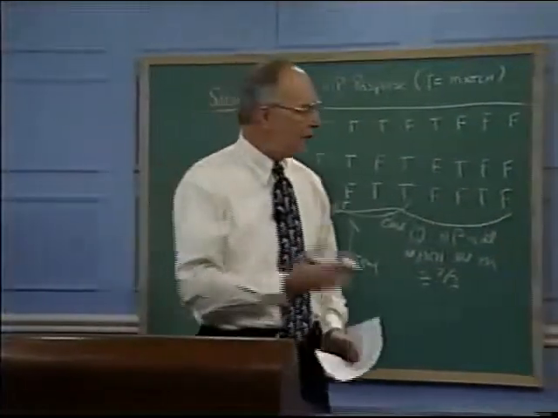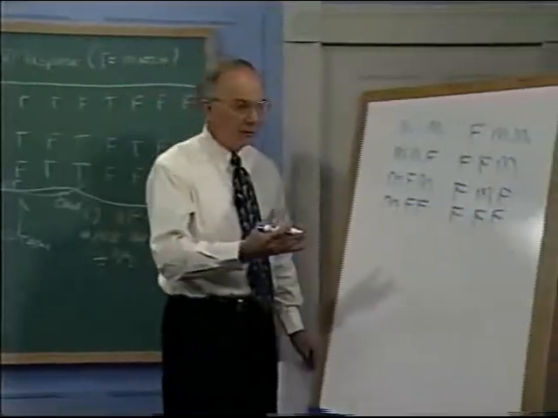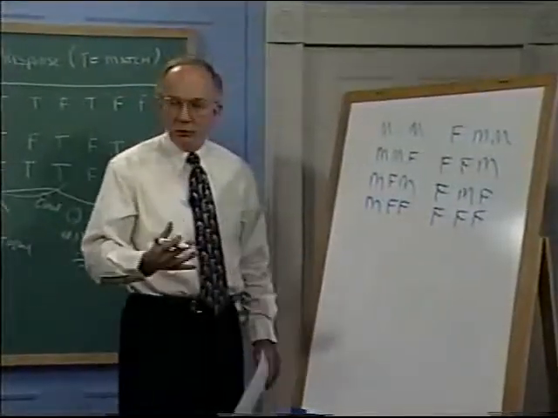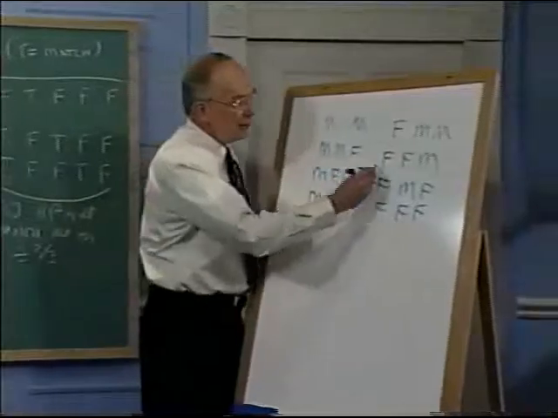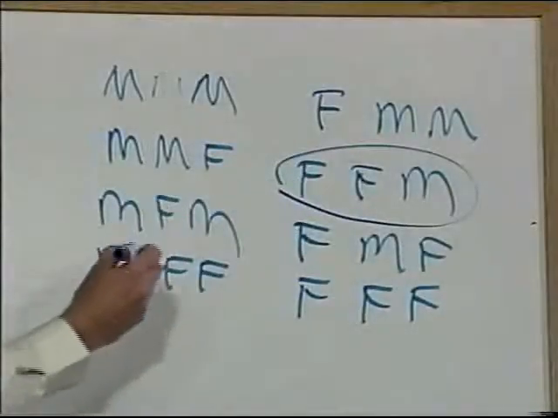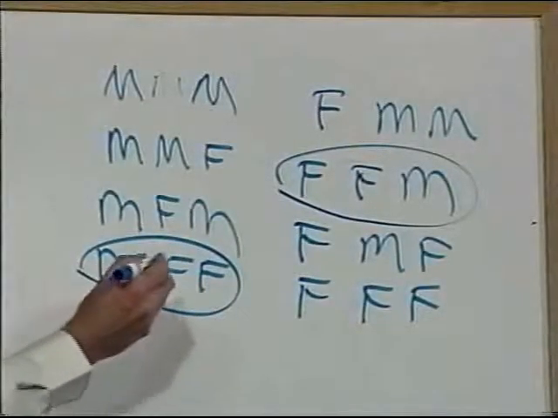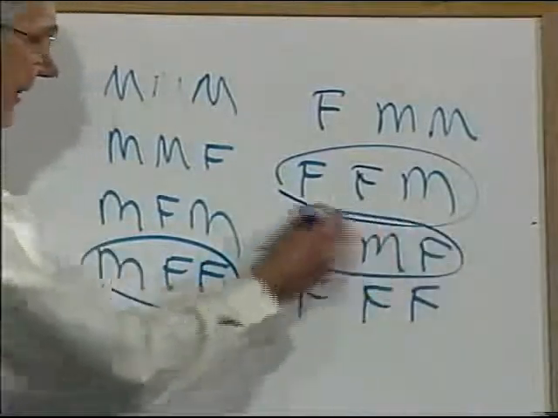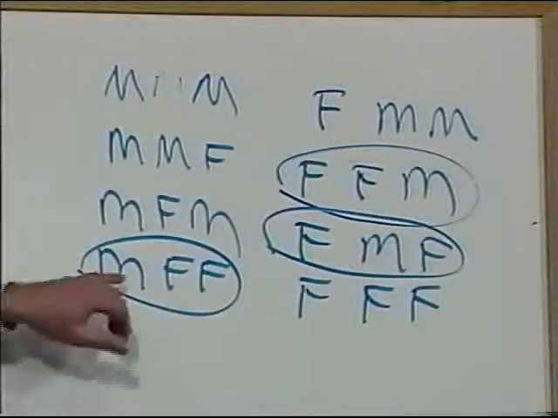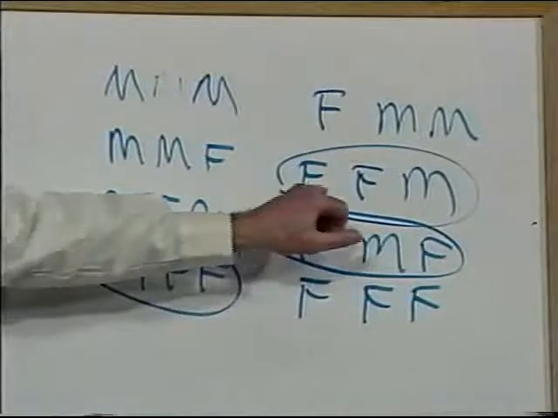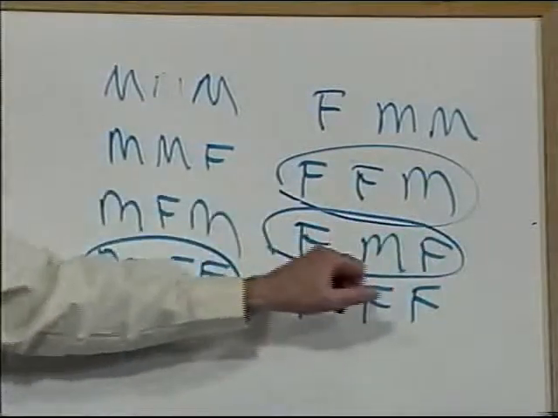Now, to answer my question, I just have to count. What's the chances of getting 2 females? This one works. This one works. And this one works. Male, female, female; female, female, male; and female, male, female.